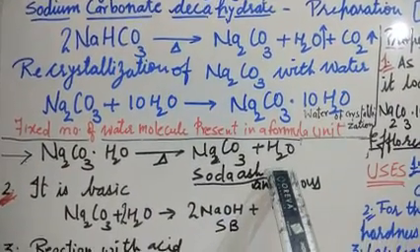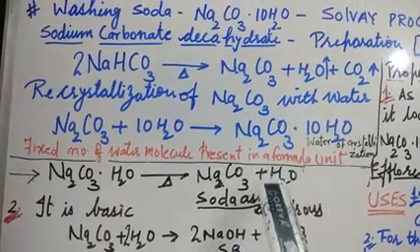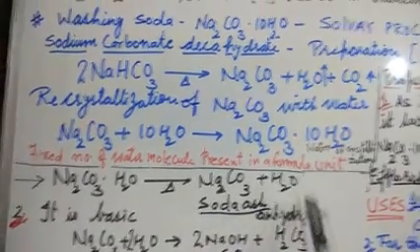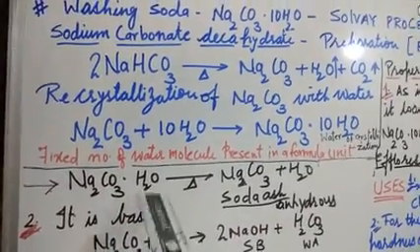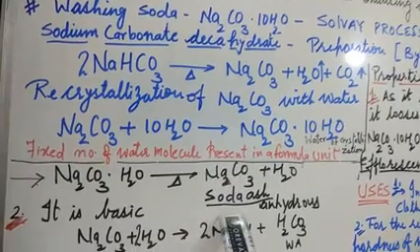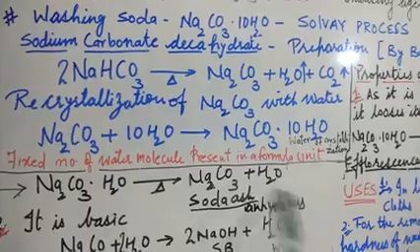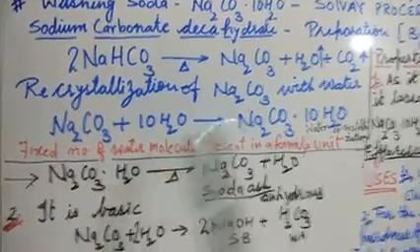So this is one of the properties: firstly it is showing efflorescence. By its own it is eliminating out H2O. Then if further heated, that one molecule of water also gets evaporated and we are getting soda ash. And the molecule is called anhydrous molecule because it is not having water in it.